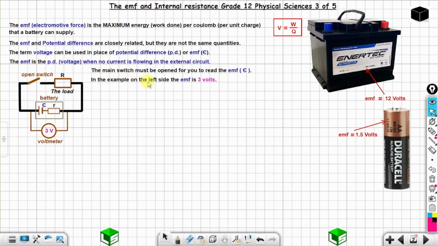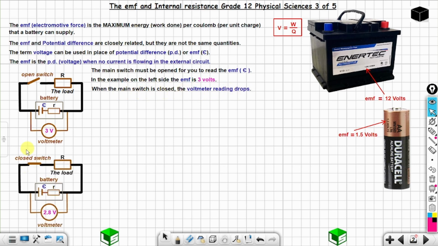In the example on the left side, the EMF is 3 volts. Now when the main switch is closed, the voltmeter reading drops. The voltmeter reading drops from 3 volts to 2.8 volts. This voltage drop is due to the internal resistance of the battery.